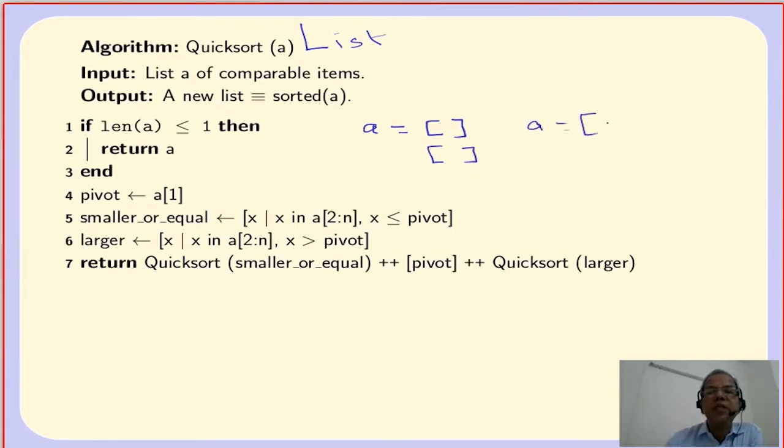If A has a singleton, the output is also a singleton. This can be written as if the length of A is equal to 0 or the length of A is equal to 1, then the output is the same as the input. If length of A is equal to 0 or is equal to 1, which is the same as saying less than or equal to 1, then output is also A. This is the base case.